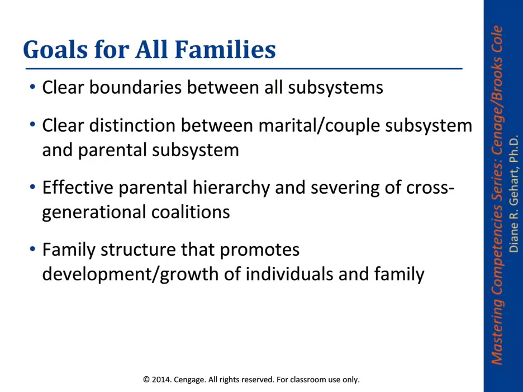The second goal is that there should be a clear distinction between the marital, couple subsystem and the parental subsystem. So the parents need to be experiencing a marriage as well as just a co-parenting team.